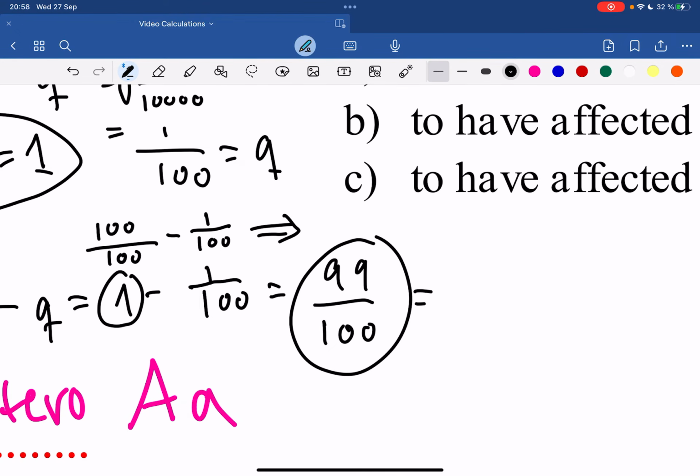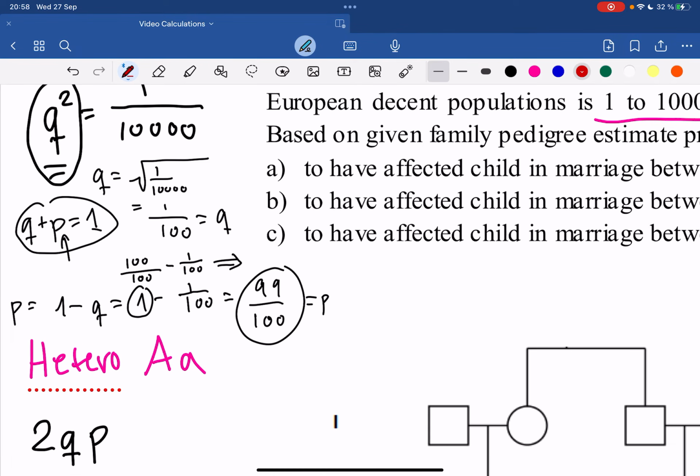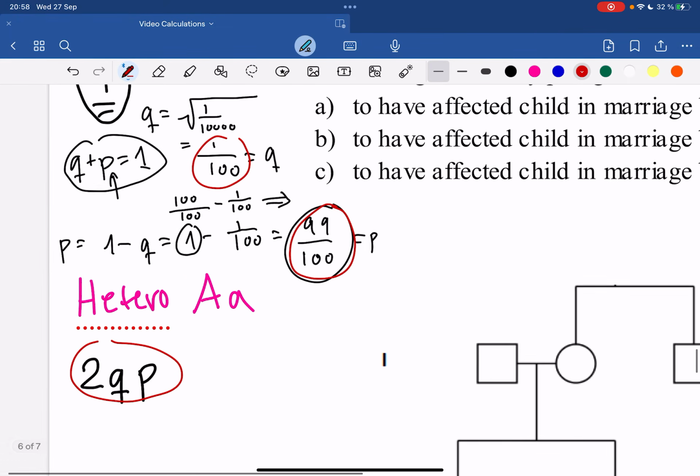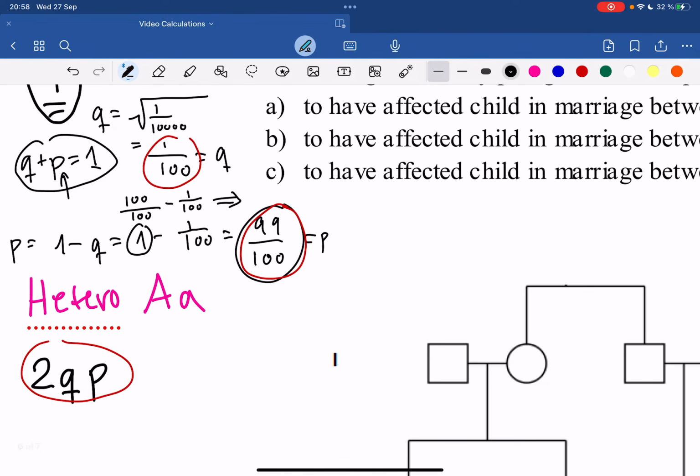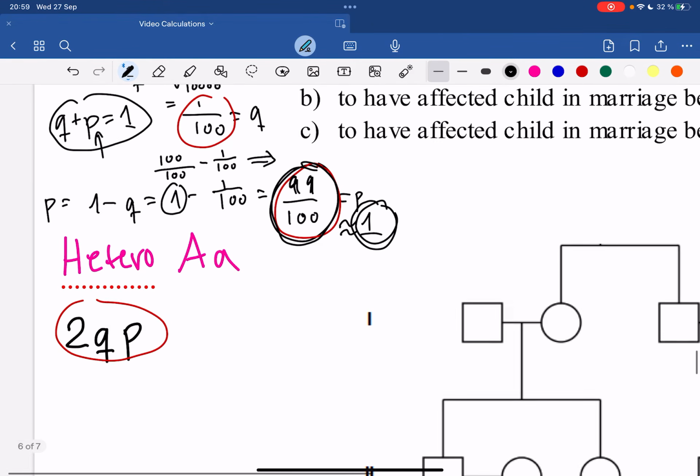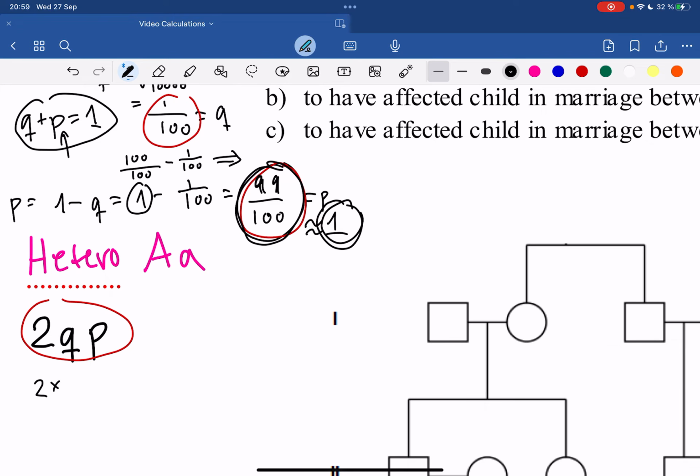So we got our p here, and we got our q here. Now we do 2qp. Remember that if p is very, very close to 1, we can just write a 1 instead, because 99 out of 100 is pretty much the same as 1. So 2 times q, which is 1 out of 100, times 1, which is p, equals 2 out of 100.